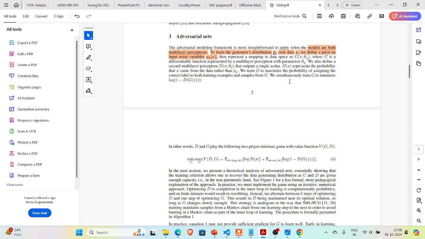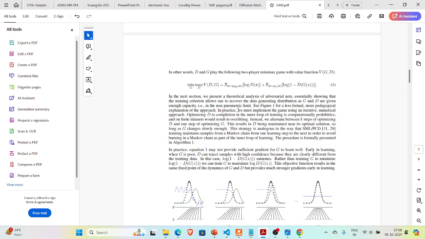So we simultaneously train G to minimize the probability that it is not from the data distribution. We're trying to minimize that. So we desire that it says it comes from the data distribution. So it is this min max game.